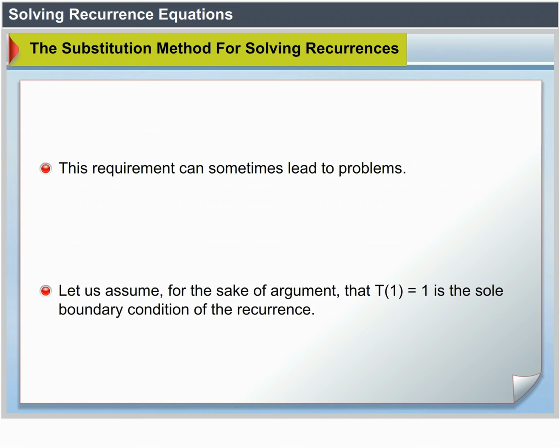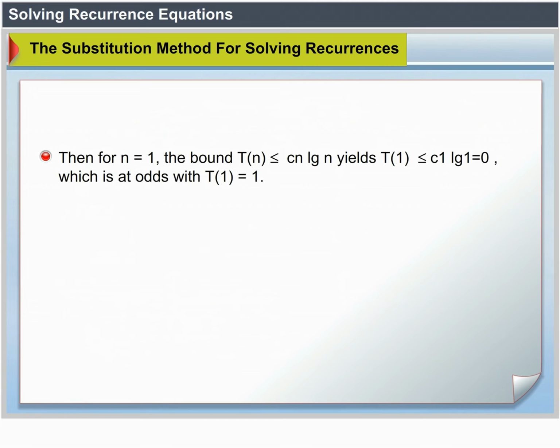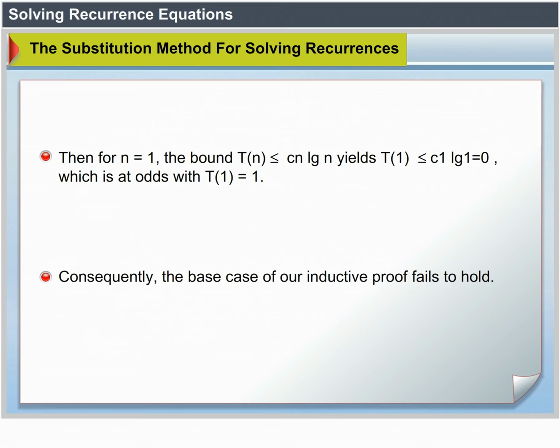Then for n equal to 1, the bound T of n less than or equal to Cn log n yields T of 1 less than or equal to C times 1 times log 1 equals 0, which is at odds with T of 1 equals 1. Consequently, the base case of our inductive proof fails to hold.